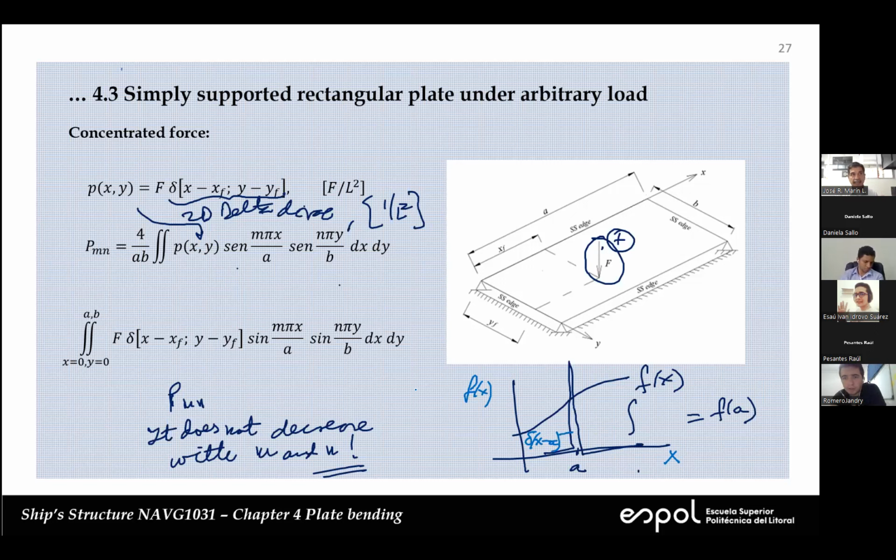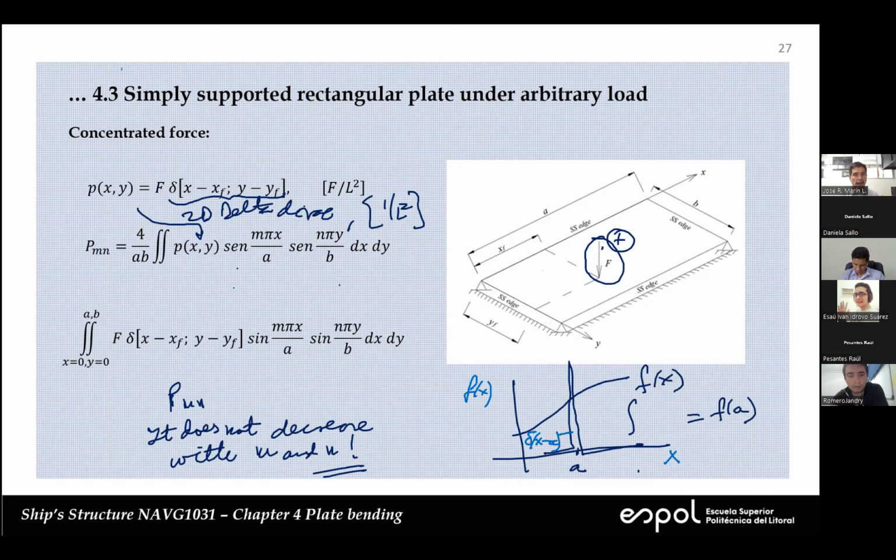Since delta is 0 except at a, the product is going to be 0 except at that point. So you can say that f doesn't change much in the region where this Dirac delta is being applied. Since it doesn't change much, you can take it outside the integral, and the result is equal to f at a. That's something that we already reviewed.